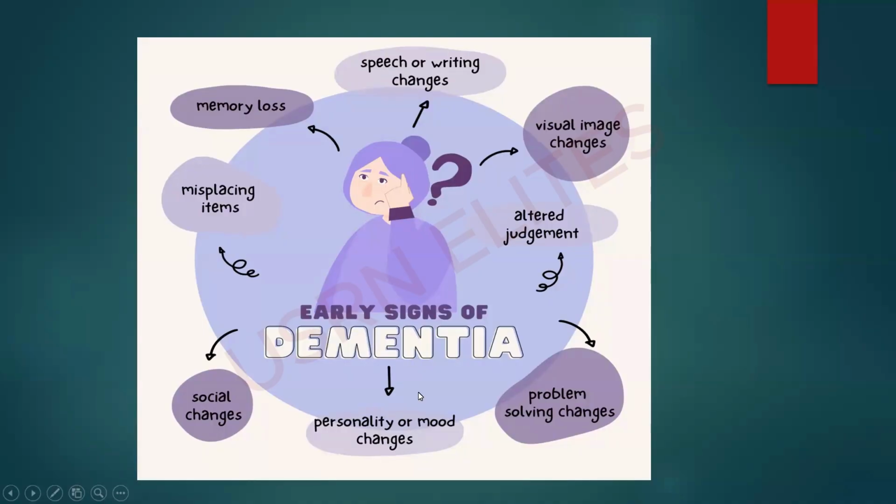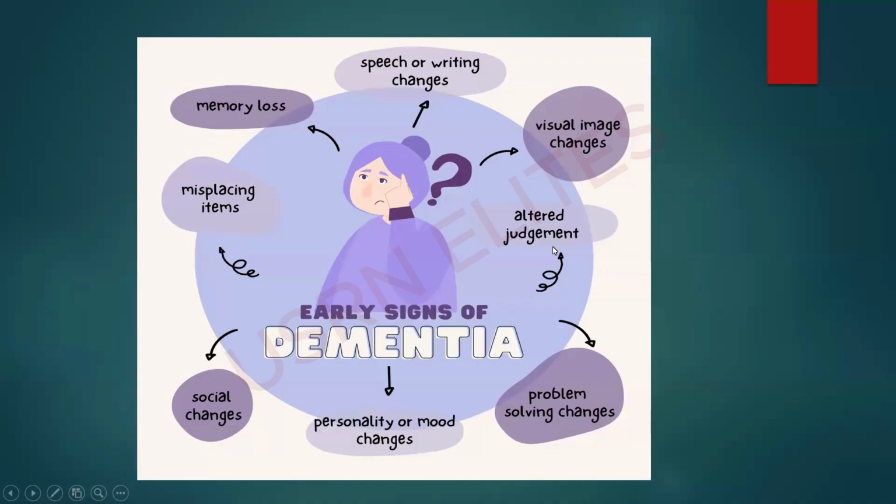So what I normally tell people is that we can associate dementia with Alzheimer's disease, then you can make the differences easily, because that is what is more pronounced in Alzheimer's disease. Okay. So you see speech or writing changes, visual changes.